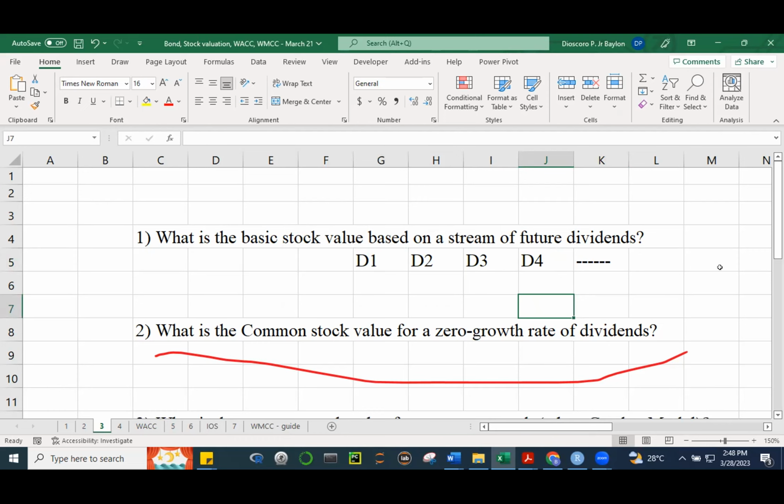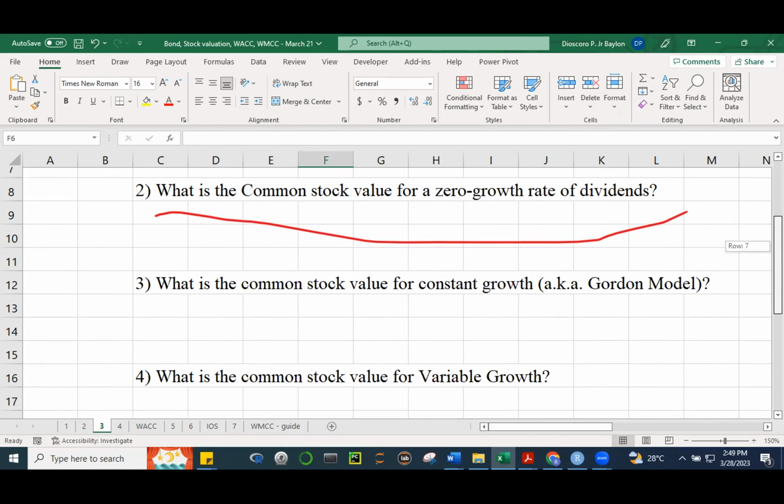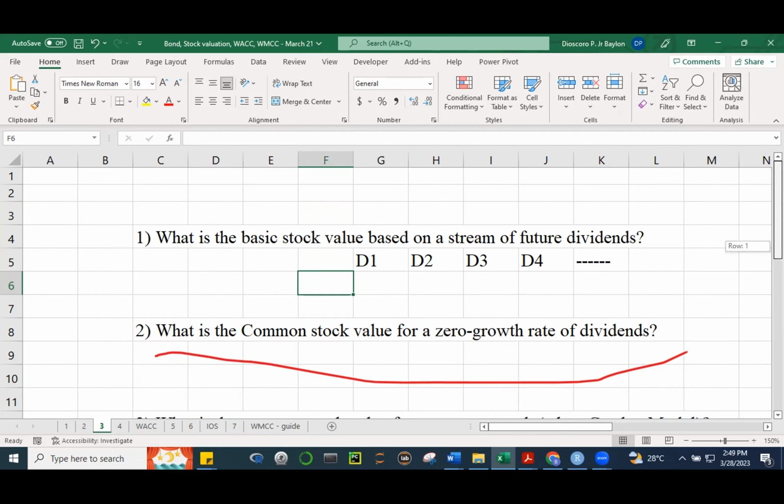Well, that's very easy. Because if you have determined and estimated the future dividends, then you can just get the present values of that. The value of the stock based on dividends is called your dividend discount model. The value of a stock can be determined using future dividends, or it can be determined using free cash flows, which is a question in number 5.